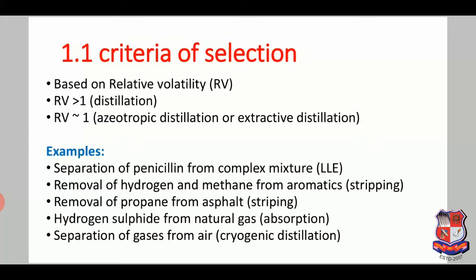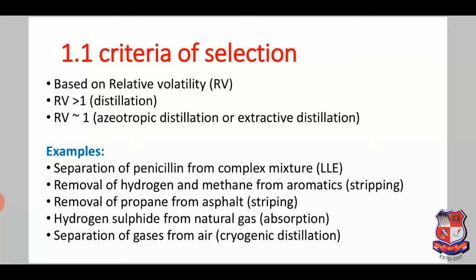Then for the separation of hydrogen sulfide from natural gas, absorption is used. So what is absorption? We have a gas mixture, and if you want to remove hydrogen sulfide from it, then an external solvent is used, and the hydrogen sulfide gets absorbed in that solvent, and thus separation occurs.